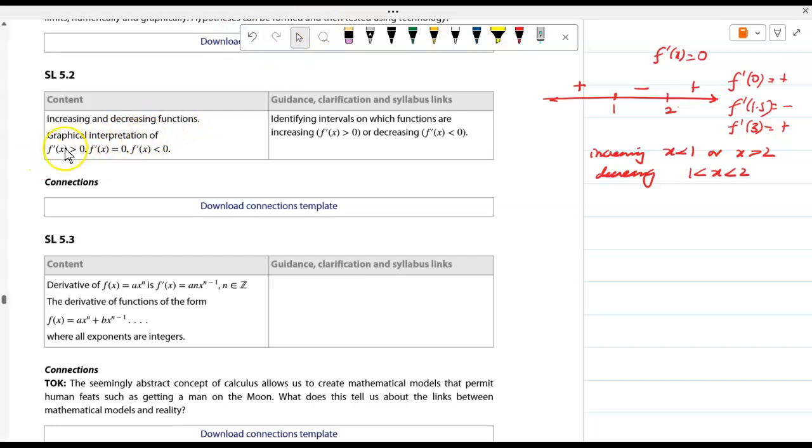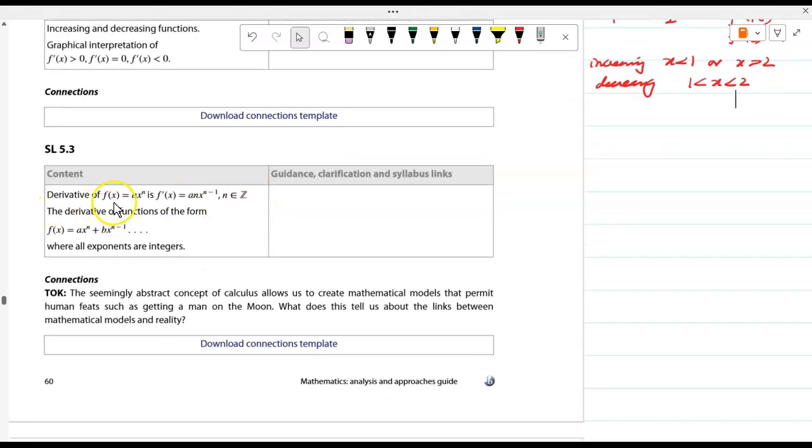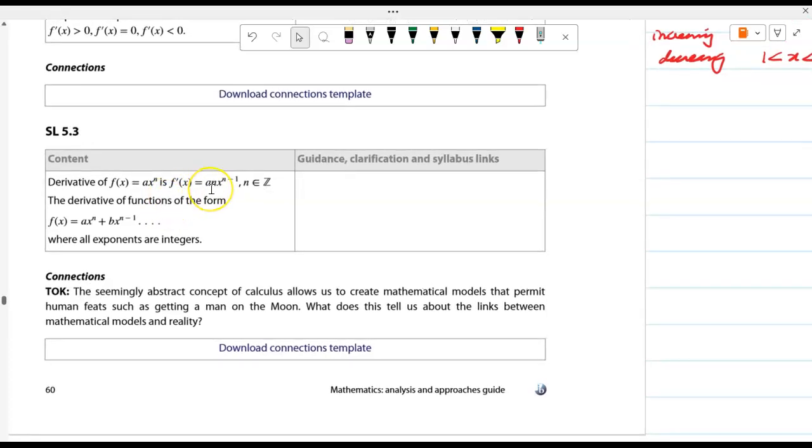Graphically, f dash x greater than 0 means increasing, f dash equal to 0 means stationary, and less than 0 means decreasing. Derivatives of functions of the form of a sum, you take each term separately, as in the formula book.